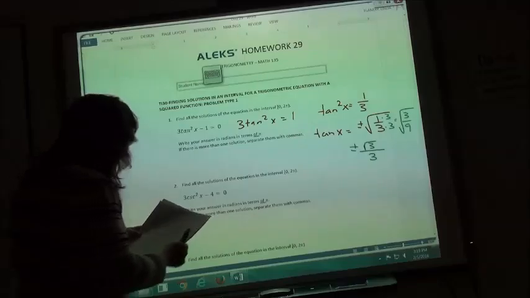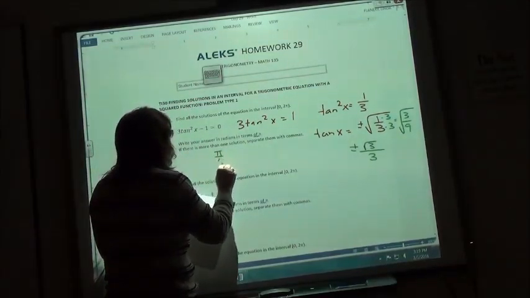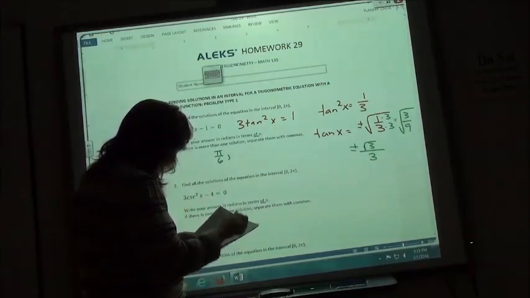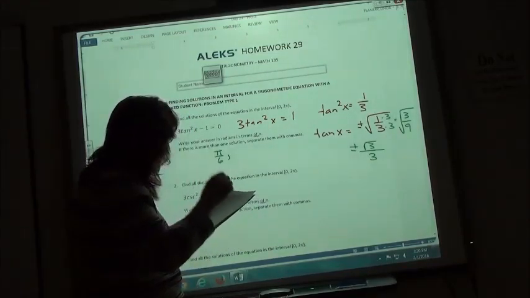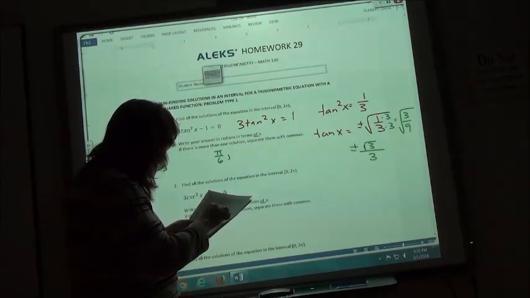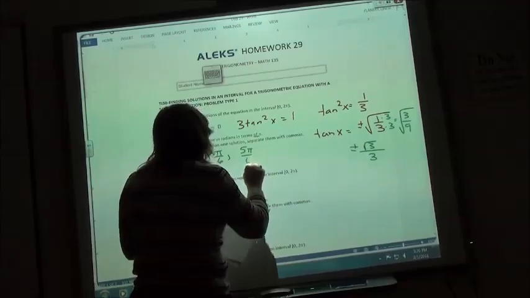So under my tangent column, square root of 3 over 3 is at pi over 6. If I keep going down, negative square root of 3 over 3 is at 5 pi over 6.